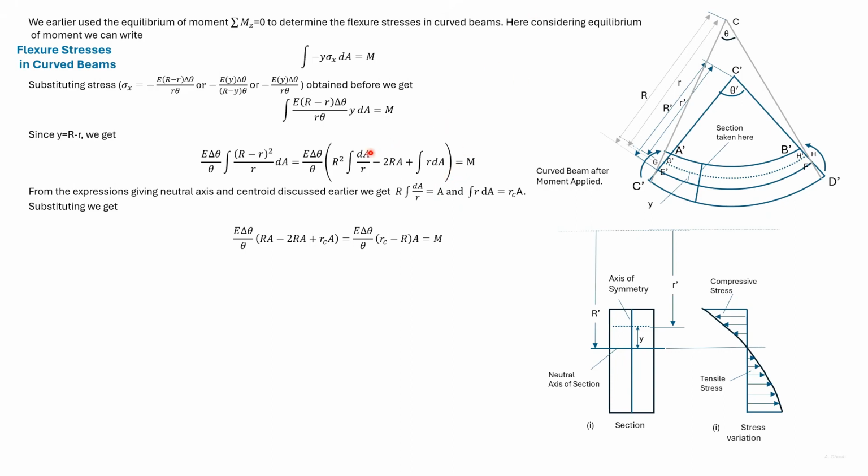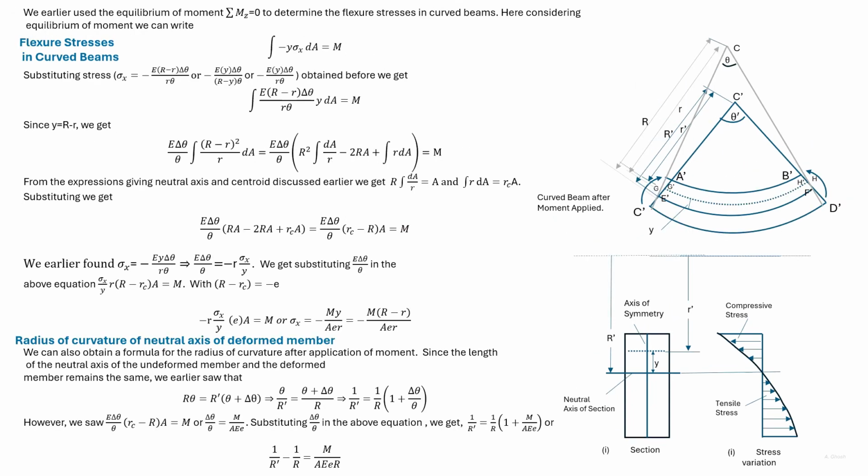Then the portion within the integration sign reduces to (RC minus R) multiplied by A. The portion within this bracket has therefore been given in a much more compact form.